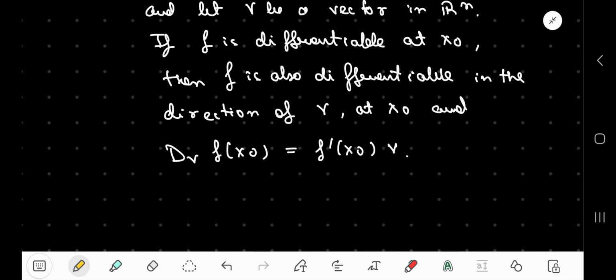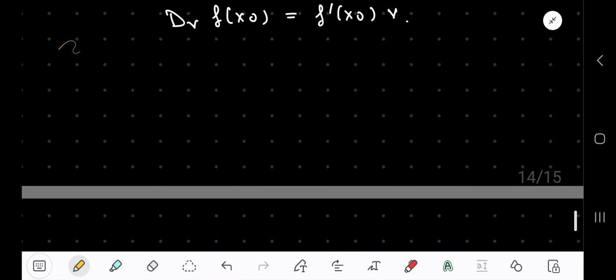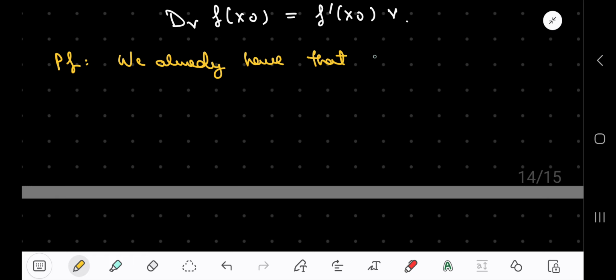What do we already have in hand? Any analytic proof starts with what we already have in hand. We already have that f is differentiable at x naught, right?